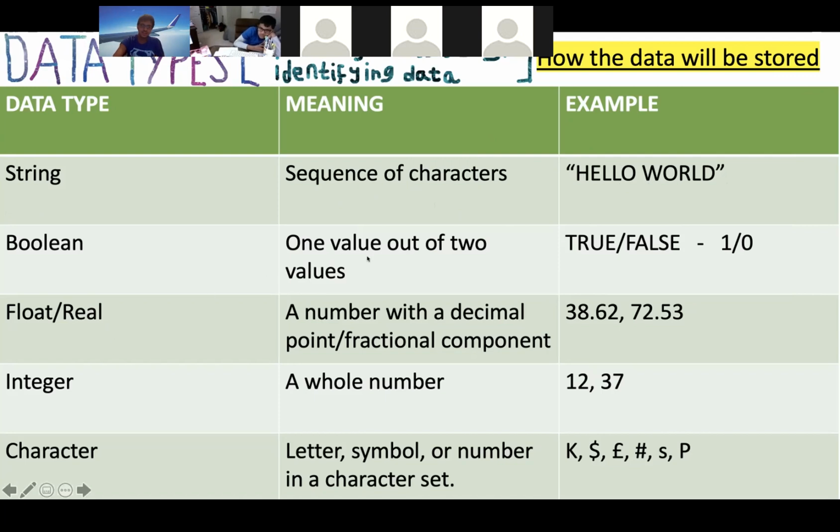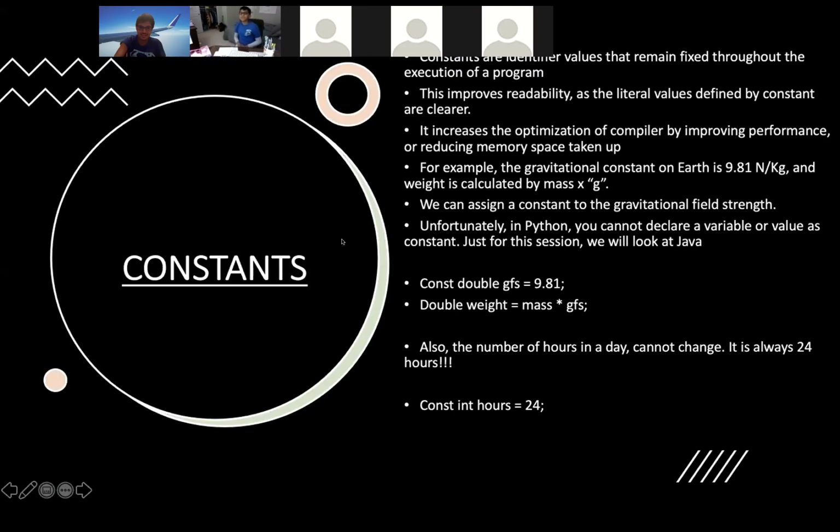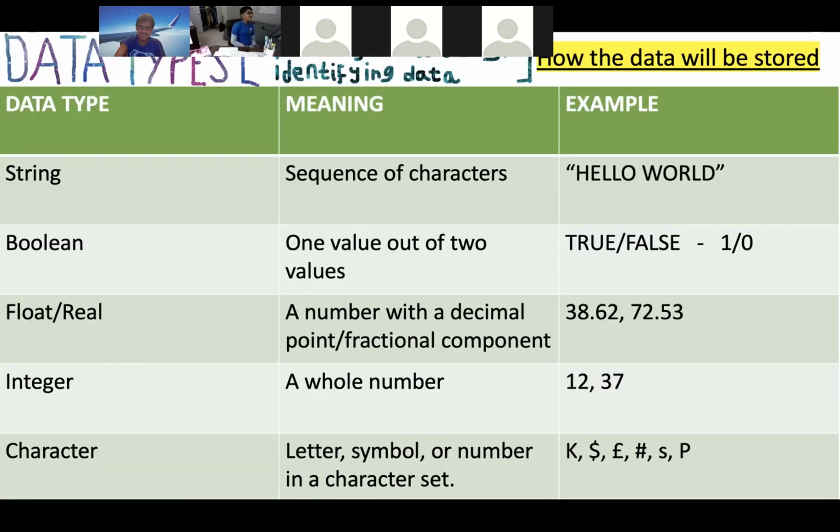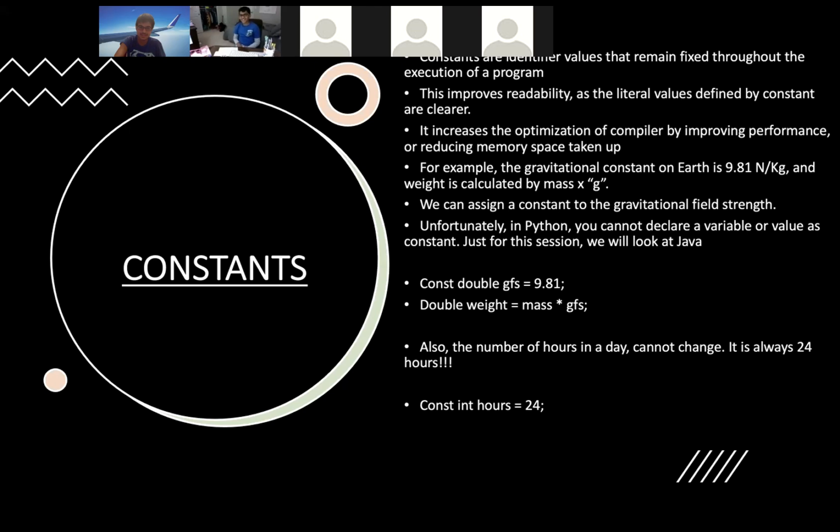Boolean is one value out of two values, such as true, false, or computers will read it in binary. Does anyone know what binary is? It's the language where 1 and 0s are the only thing computers understand.